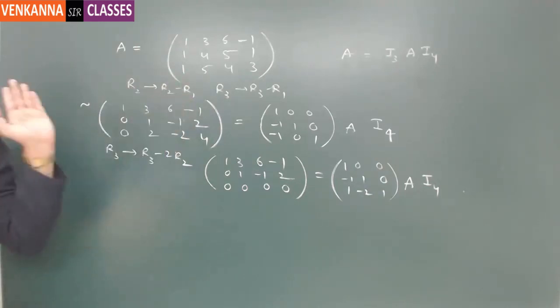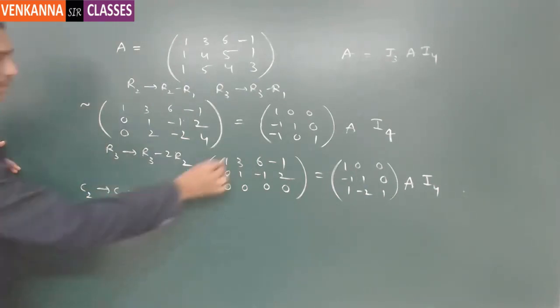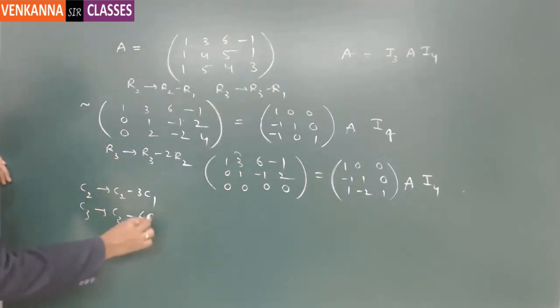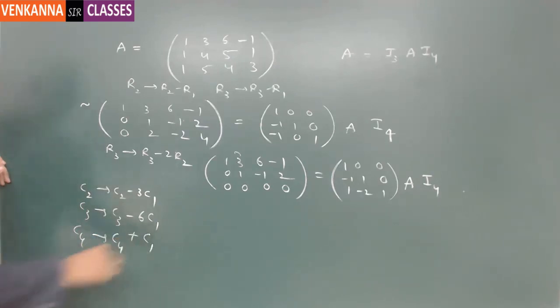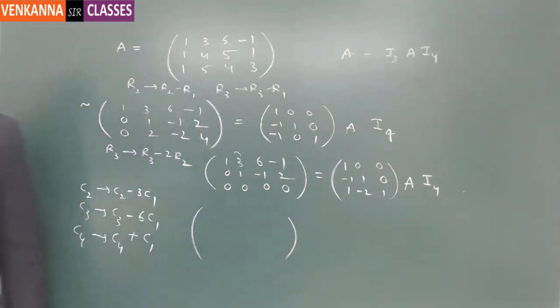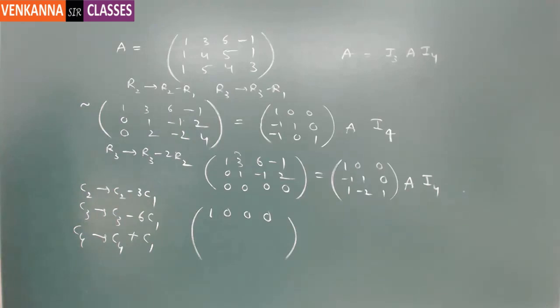operations. Now you are going to apply the column operations as C2 tends to C2 minus 3C1 because this is 3. C3 tends to C3 minus 6C1. C4 tends to C4 plus C1. Right? So then it will become 1, 0, 0, 0. Then you have 0, 1, minus 1, 2.